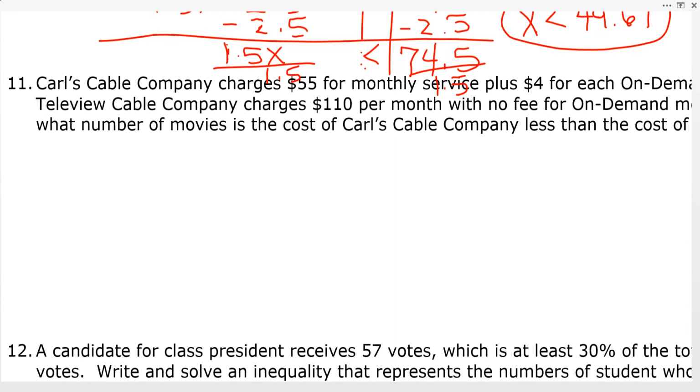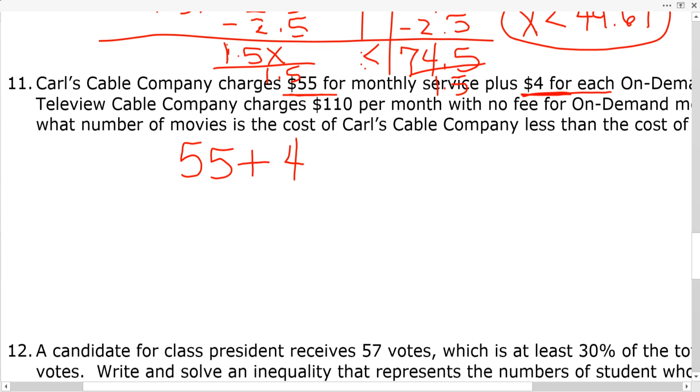Carl's Cable Company is going to be $55 plus $4 for each movie, so that's going to look like 55 plus 4 times x. And Teleview just charges $110 per month. And we want to know when Carl's costs less than Teleview.